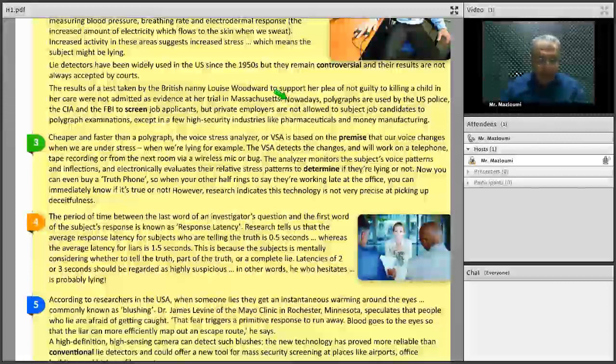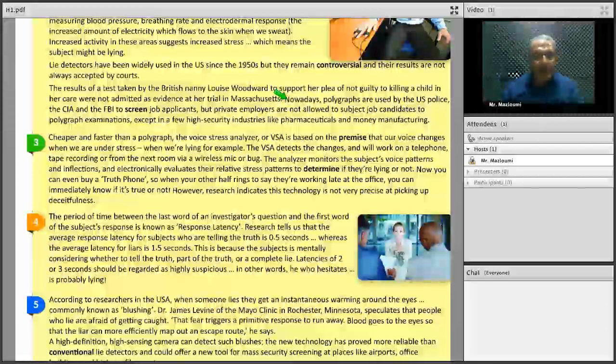Nowadays, polygraphs are used by the U.S. police. So who uses the polygraphs? The U.S. police use them. The CIA, again, the CIA uses polygraphs, and the FBI, to screen job applicants, to examine, to check, to inspect job applicants.